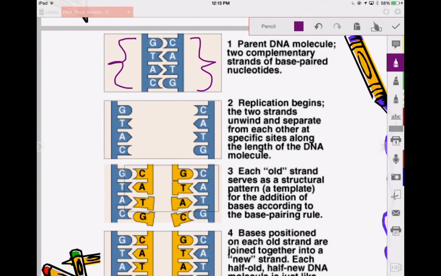So there's no hydrogen bonds between these. And what we do, using different versions of DNA polymerase, is we're going to grow in, I was going to say draw in, but in this case we're growing them in. We grow in the complementary strand.